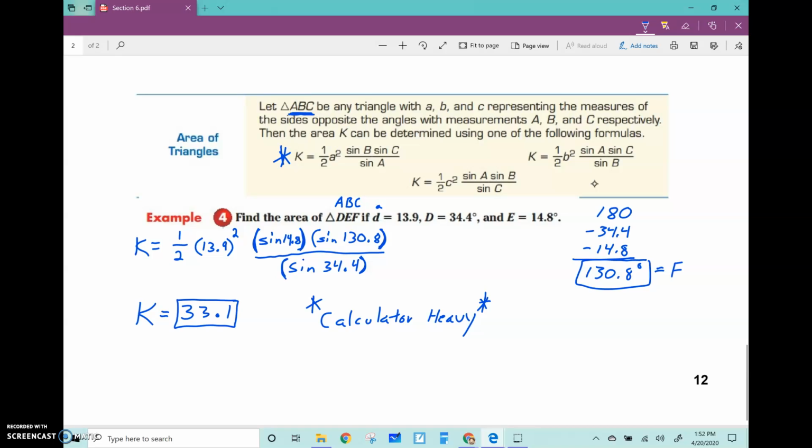What I like to do is pretend I'm using A, B, C. The triangle they give me should be in order D, E, F. So just substitute A in for the first letter, B in for the middle letter, and C in for the last letter. And likewise, your sides correlate with their opposite angle. So if this was an ABC triangle, side A would be opposite of angle A, just like side D is opposite of angle D.